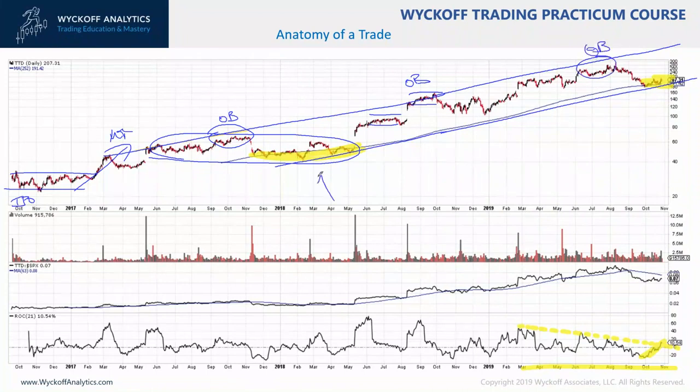So we are at this spot in the price cycle. We are at the point where we're touching a long-term oversold condition.